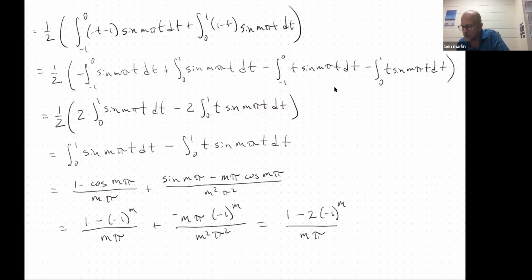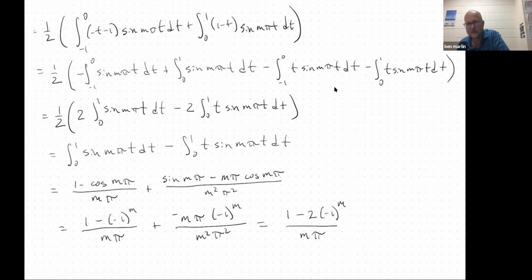Across the interval -1 to 1, t times sine t, both of those are odd, so when you multiply them, you get an even function. So consequently, I do get to do that trick: 2 times the integral across half the interval. All right. So then I just have to integrate these two things. Oh, but wait, the 1/2, I can distribute that through, right? And then I just have to do these two integrals.